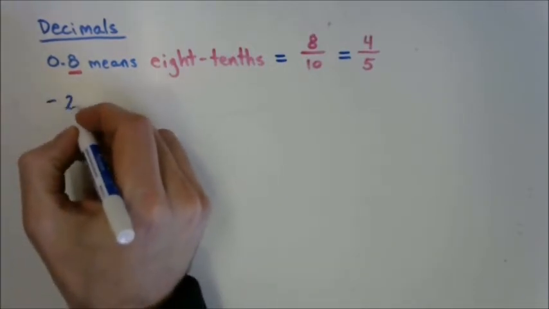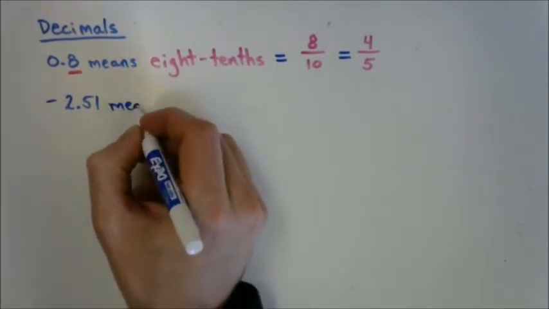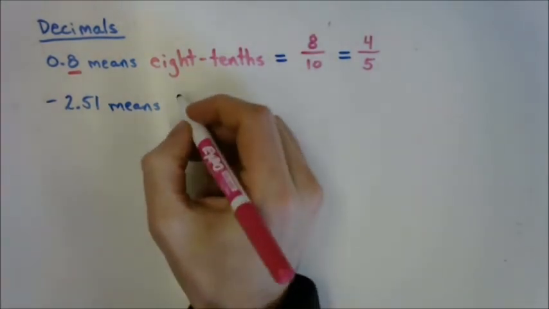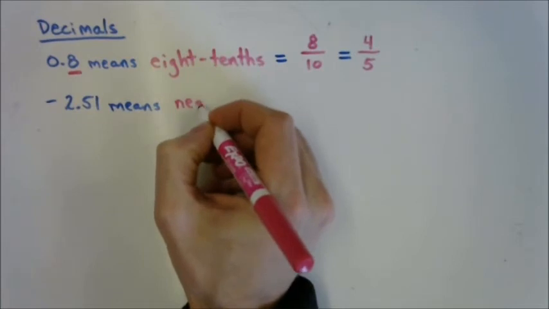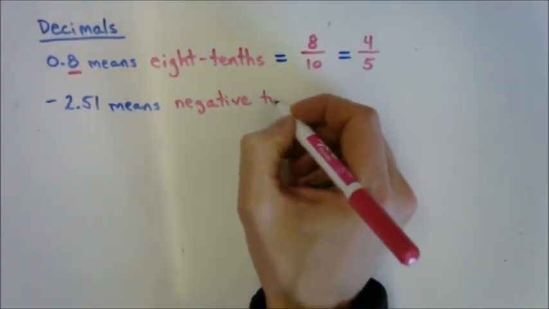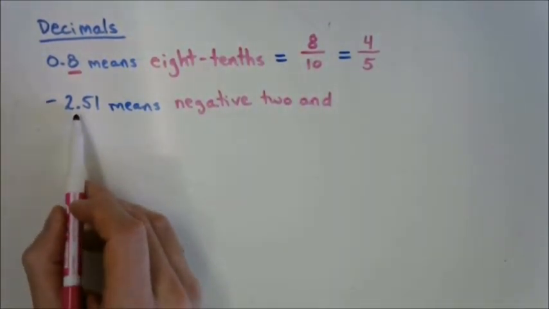Alright, the next one there is a negative number. It's negative 2.51. Think about what that means in words. We want to include our negative sign, so that is going to mean negative 2. And whenever we're using words, this decimal means and.